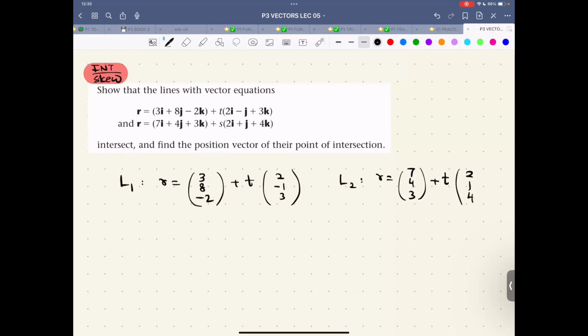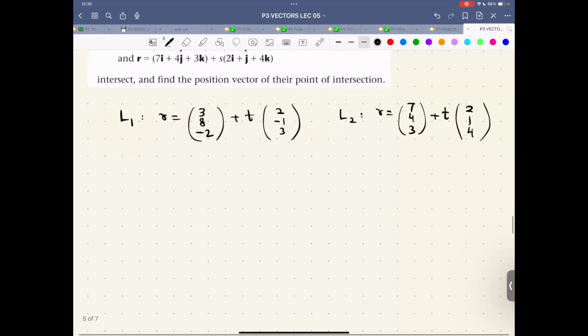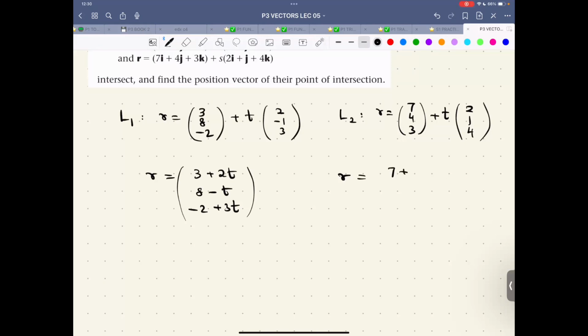These are the two lines. The first thing is expand it out. Line 1 is (3 + 2t, 8 - t, -2 + 3t). Line 2 is (7 + 2t, 4 + t, 3 + 4t).